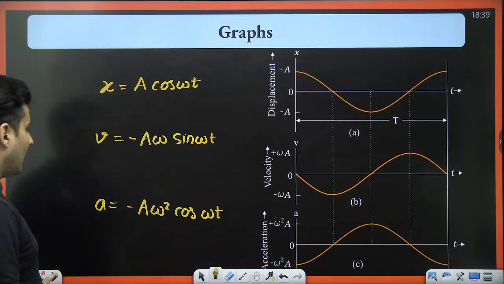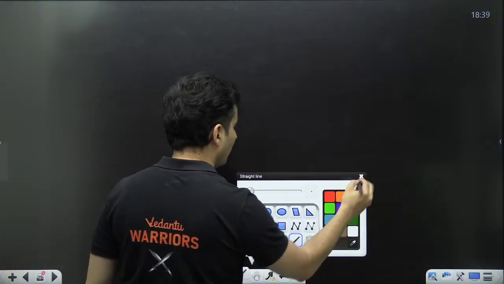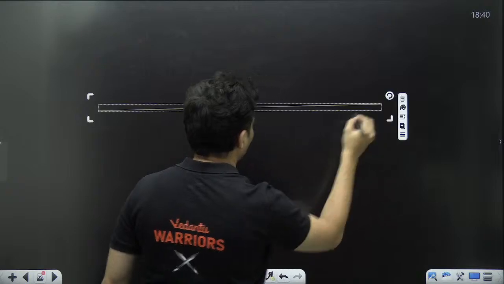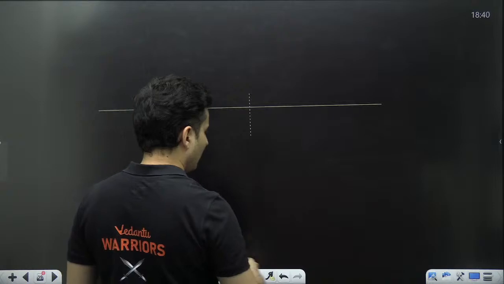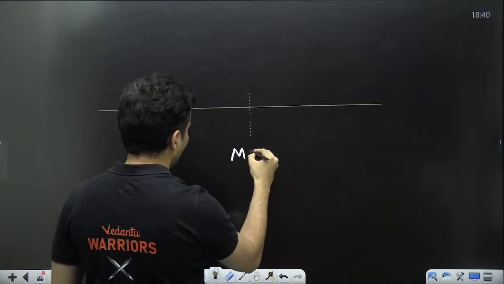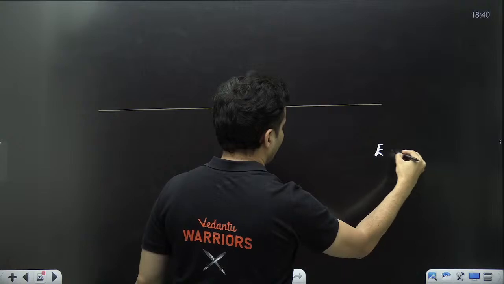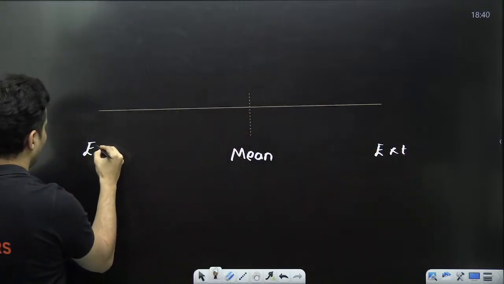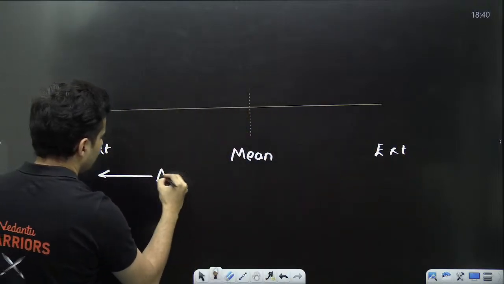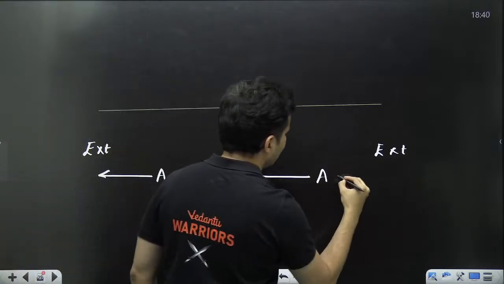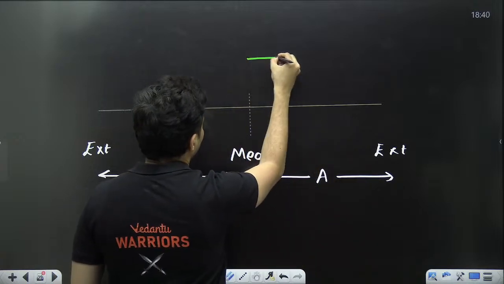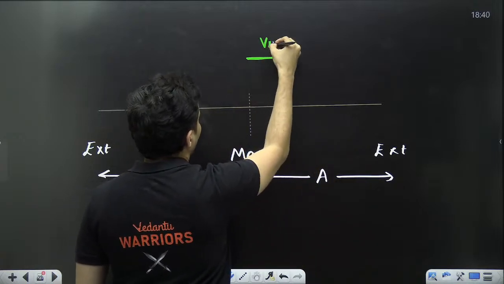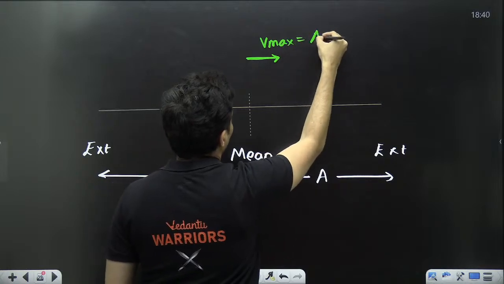Yes, in fact, I can summarize this over here in this beautiful way. Observe this. If you take this SHM, where this is your mean, this is your extreme, this is also your extreme, this is amplitude, this is also amplitude, then your velocity while going here is maximum, which is A omega.